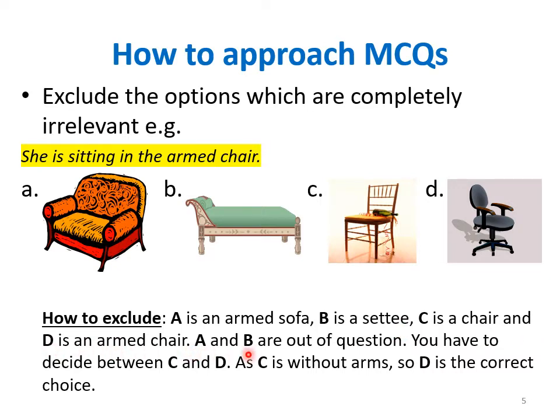Now A and B are out of the question, so these two options are irrelevant, eliminate them. You have to decide between C and D. This is a chair, this is an armchair, so our options are now limited to two. As C is without arms, D is the correct choice.